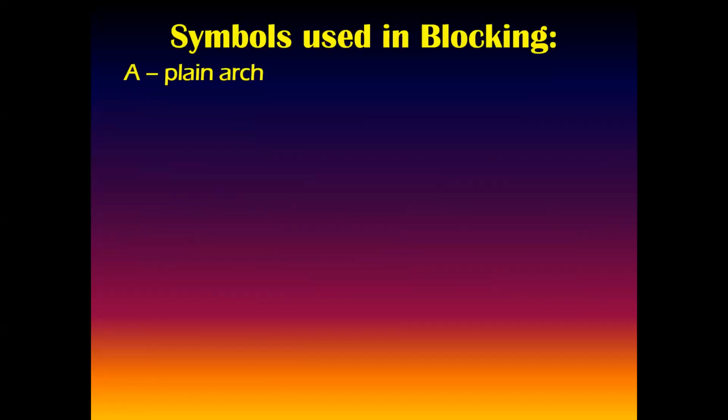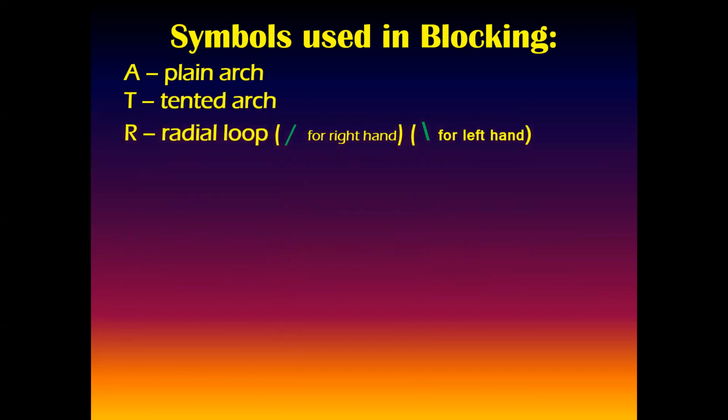The symbols that we use: in cases of plain arc, we use the symbol A. Tented arc is capital letter T. Radial loop, if it appears on our index fingers, then we indicate either the capital letter R or the capital letter U. That is in cases of loops appearing on the index fingers.